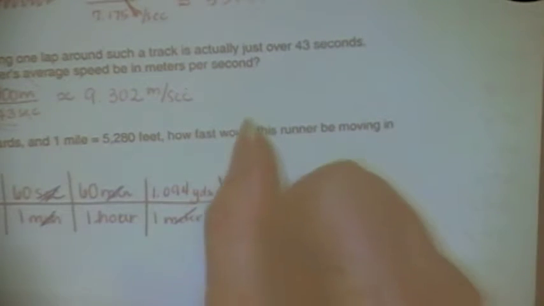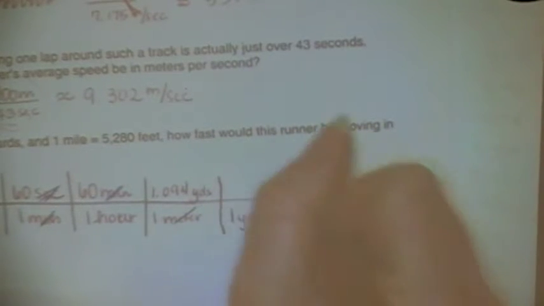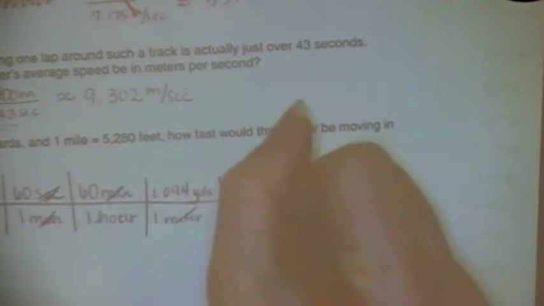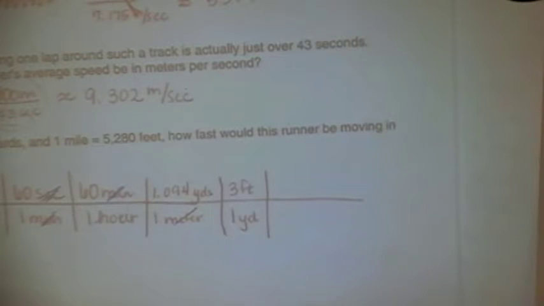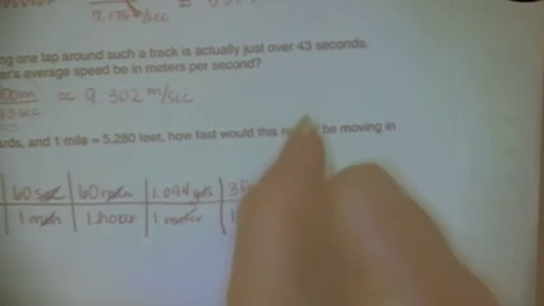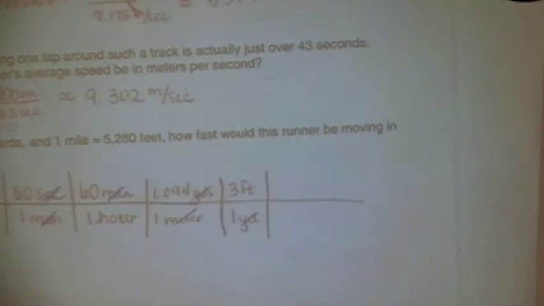I don't know how many yards are in a mile, but I know how many feet are in a yard. So I can do 1 yard is 3 feet. That would cancel yards and put me in feet per hour. I need to go to miles per hour. They gave me this one, but they won't always give it to you. This is one you should know.